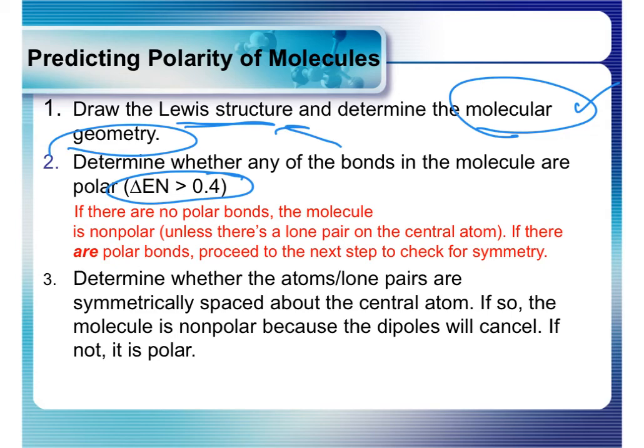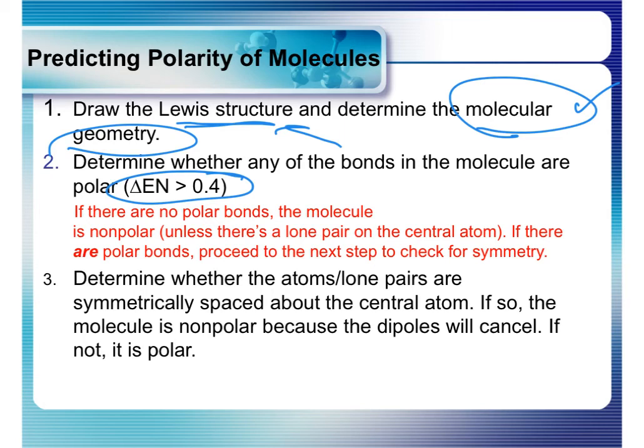If the difference in electronegativity between any two bonded atoms is greater than 0.4, it is a polar bond. If you have at least one polar bond, then you have to determine if the overall molecule is symmetric. If it is symmetric overall, it's nonpolar. If there's any asymmetry, then you've got a polar molecule, okay?